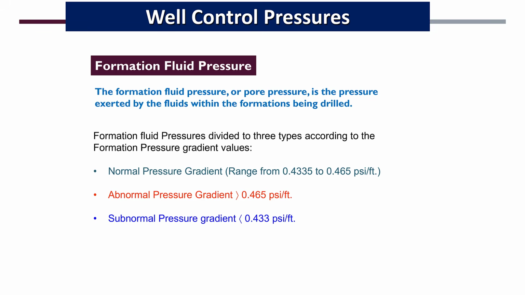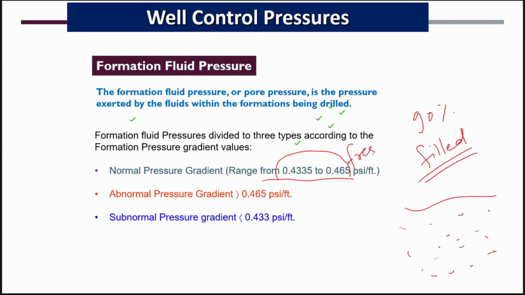This range exists because of the density of fresh water and the density of salt water. If your formation falls into this category, we say we have a normal formation. If your formation pressure gradient is more than this range, we say we have an abnormal pressure formation. And if it is less than this range, it is a subnormal pressure formation.